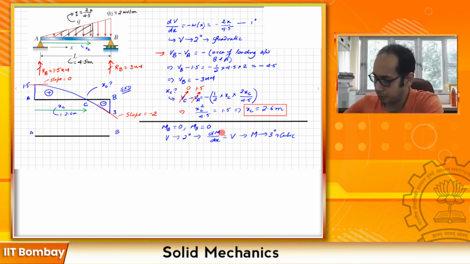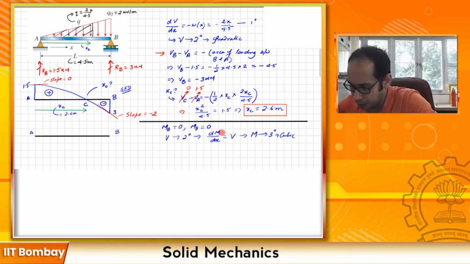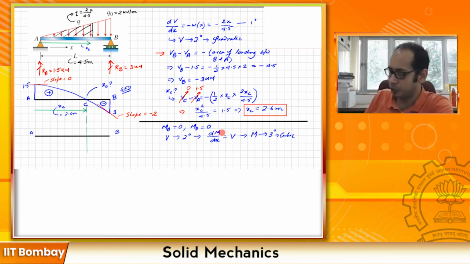So you have a maximum at C. Let's mark the ordinate as well, so that it serves as a good guideline while we are drawing these problems. Let me drop this line over here. So how is the moment going to vary?